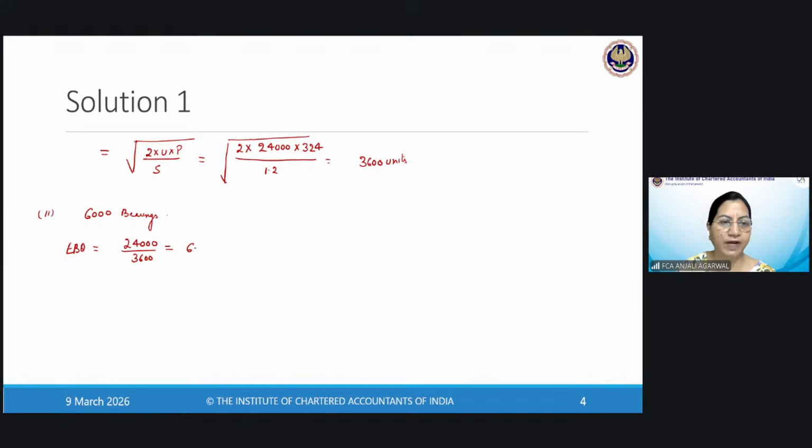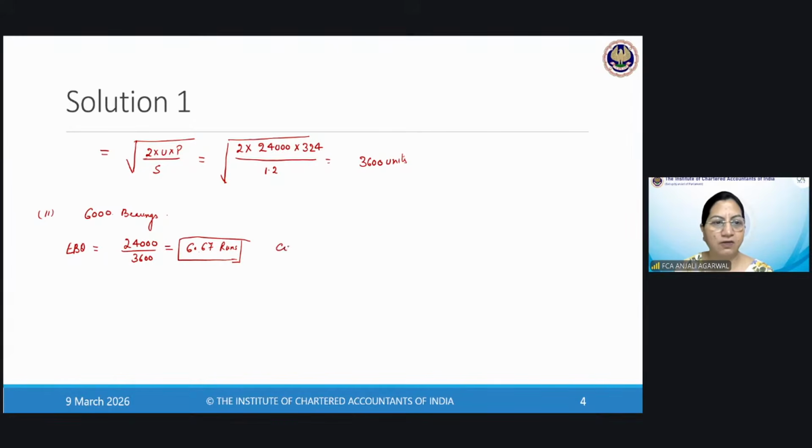It gives a fraction, 6.67 runs. Theoretically, it is possible to have a production run in fractions, but practically it is not. Practically it may be possible to go for 6 runs or 7 runs, or to place an order 6 times or 7 times. But for theoretical calculations and comparing with 6,000 bearings, let us take that there are 6.67 runs.